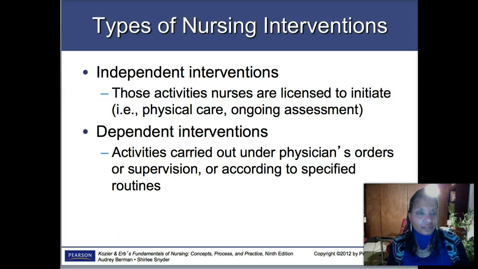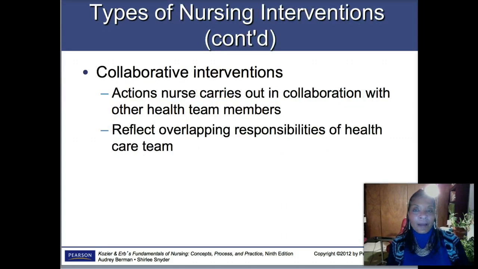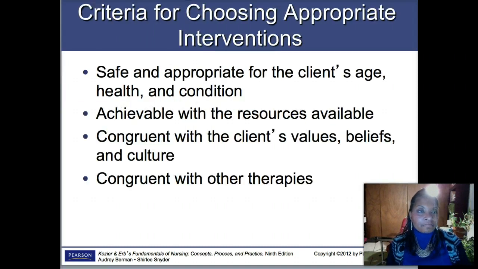Interventions are also related to independent and dependent interventions. Independent are those things you're licensed to do, and dependent are those the physician must prescribe. There are also collaborative interventions that you carry out along with other members of the interdisciplinary team.